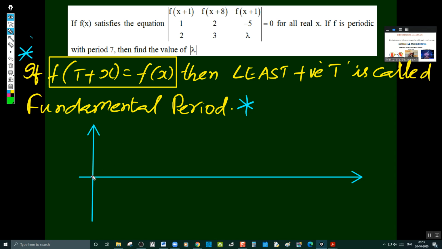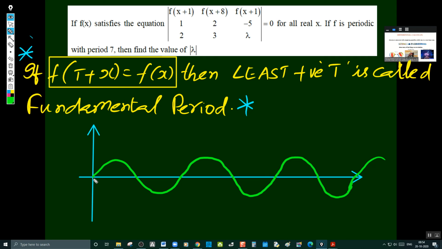Sine goes like this. When sine is in the form of a wave, periodically it repeats the shape. That's what I gave you as examples while teaching you the period.